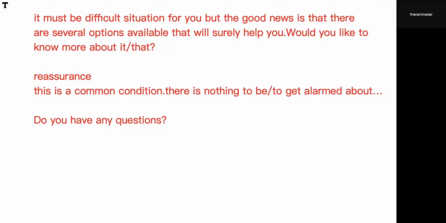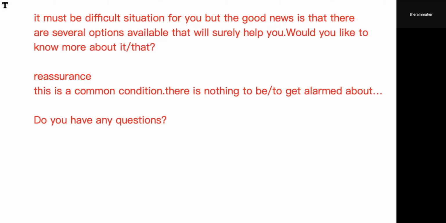Also, in the end, you can say if follow up is needed, I would like to see you in 1 week time. I'm going to arrange a home visit if home visit is given, so that we can track your progress, something like that. If the patient is reluctant, you can say, I can understand your concern. I appreciate your concern.